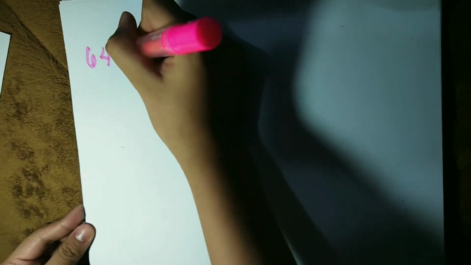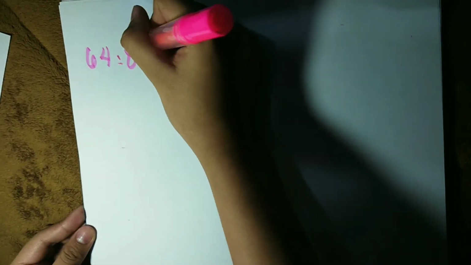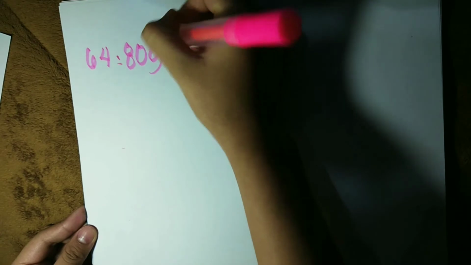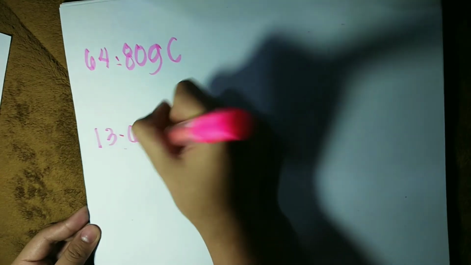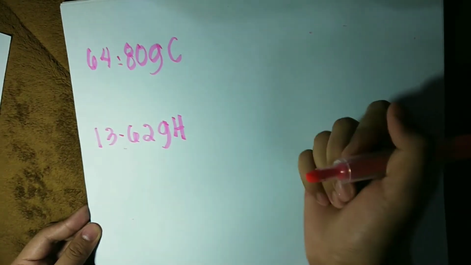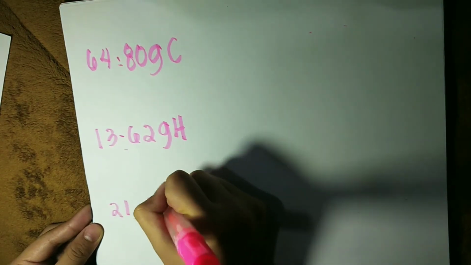Another example. Okay, we have 64.80 grams of carbon, 13.62 grams hydrogen, and 21.58 grams of oxygen.